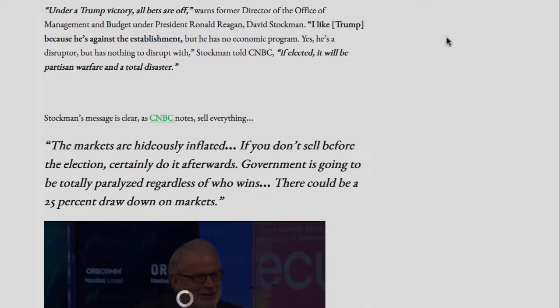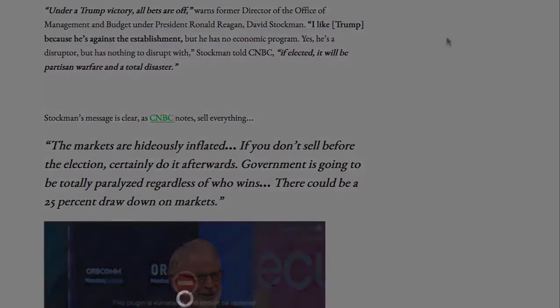"If elected, it will be partisan warfare and a total disaster." Stockman's message is clear, as CNBC notes. Sell everything. The markets are hideously inflated. If you don't sell before the election, certainly do it afterward. Government is going to be totally paralyzed regardless of who wins. There could be a 25% drawdown on markets.